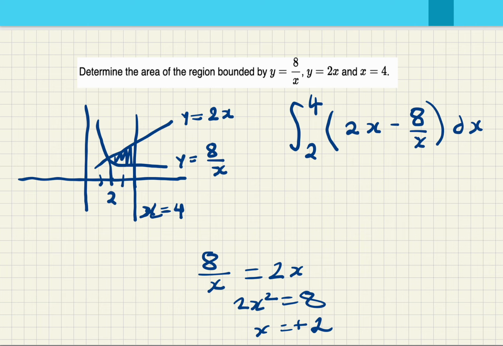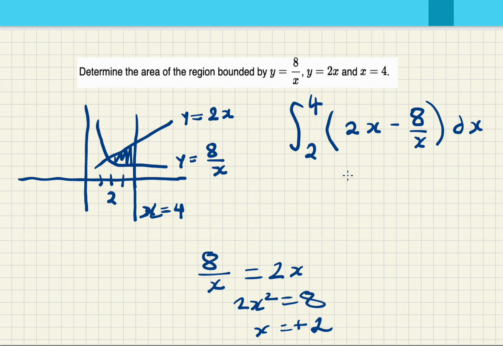And so if we subtract the 2x integral from 2 to 4 minus the area of 8 over x from 2 to 4, then we get this area in the middle. So that is what our integral reflects.